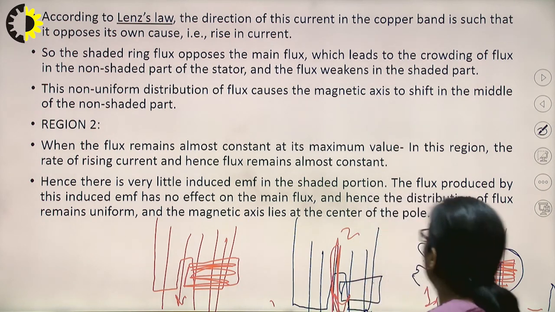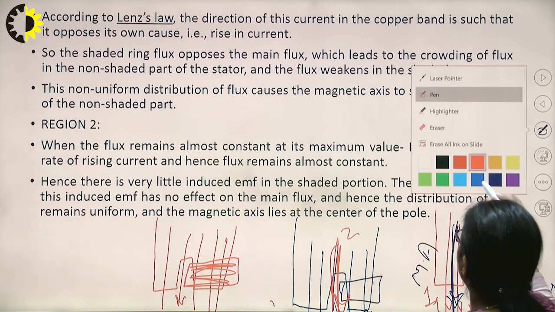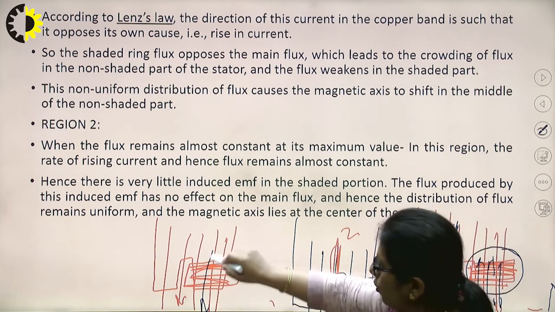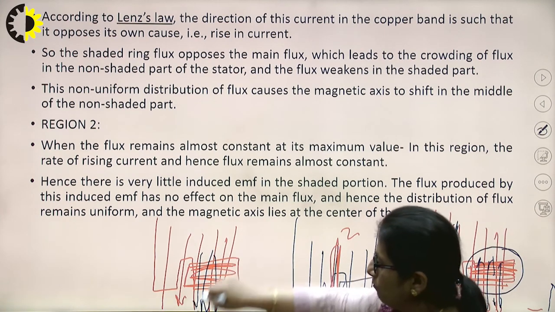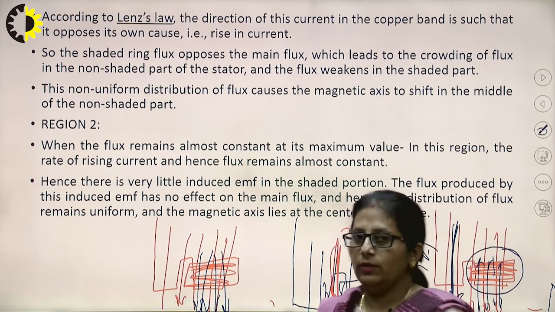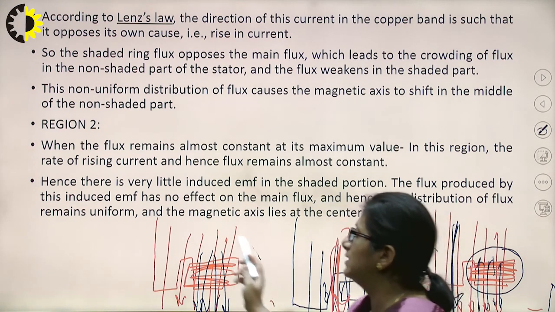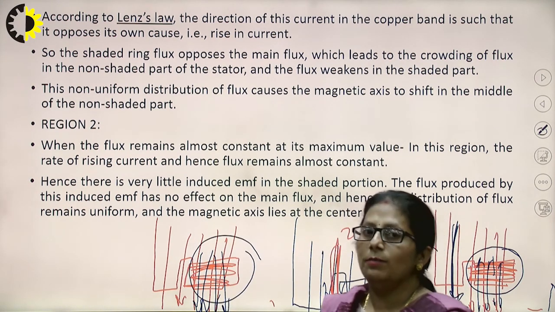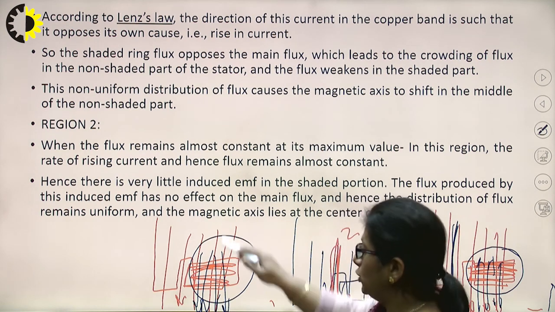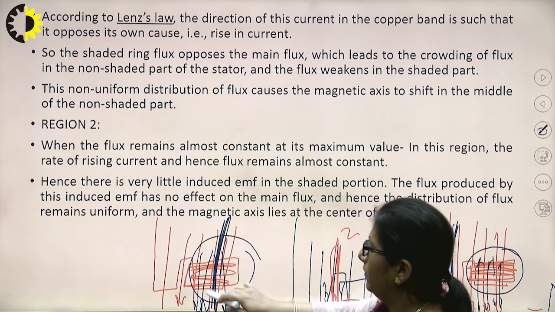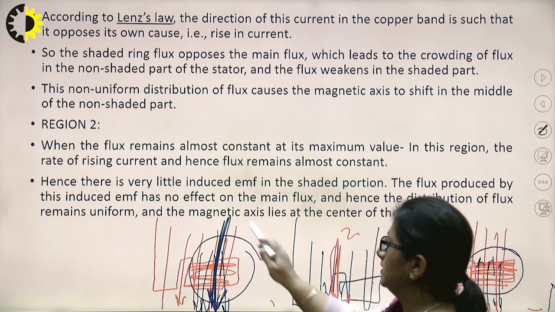So it will be producing flux in the same direction as that of the main flux, right? Both in the same direction. So there will be a crowding of flux towards the copper band side. So the magnetic axis this time will shift towards which side? Right hand side. This is region 3.